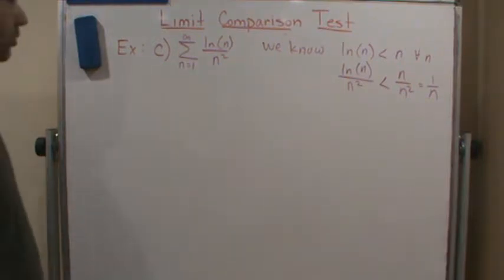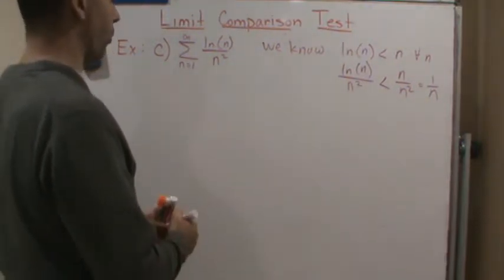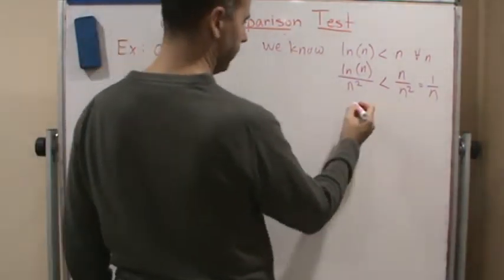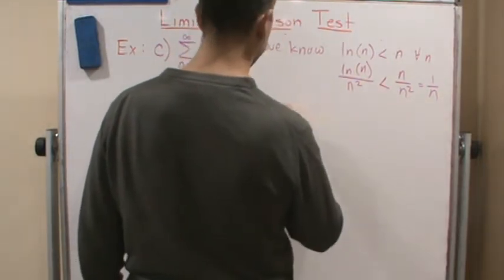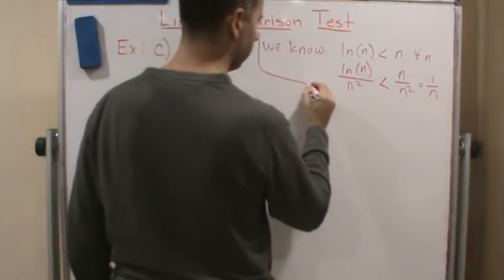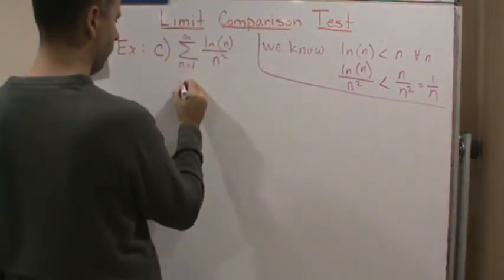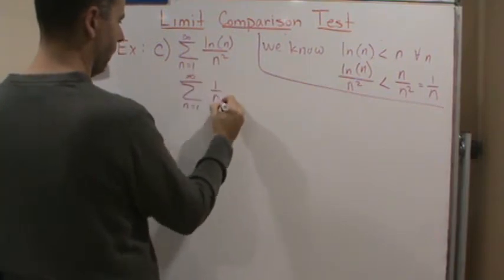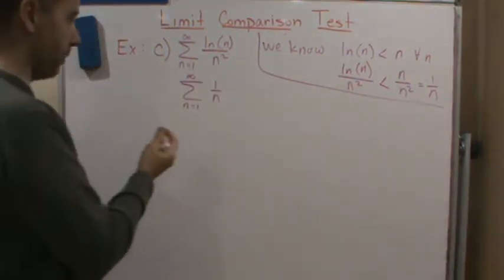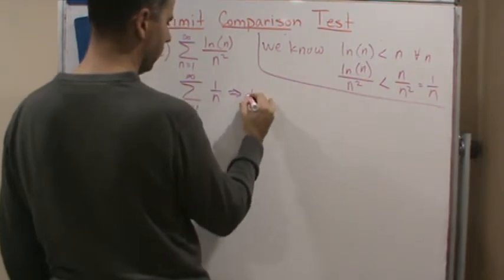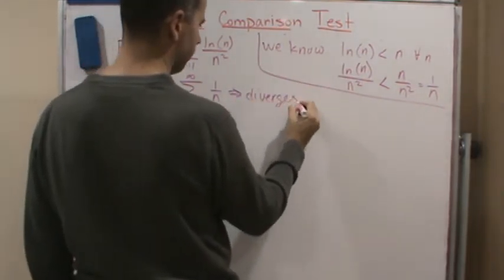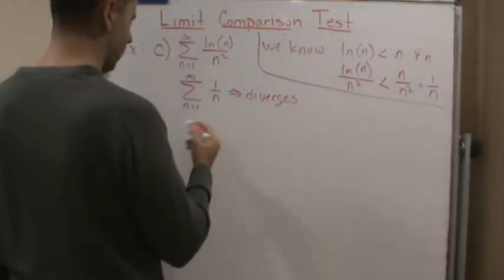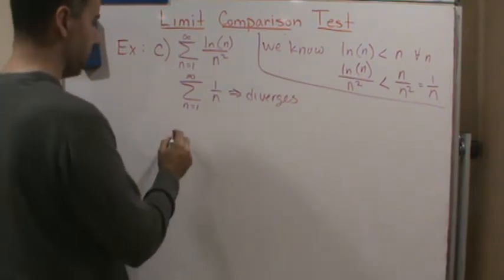Okay, so now we're going to compare this to 1 over n. So we're going to compare it to the harmonic series. Now the harmonic series, we know, diverges. Okay? So let's see what we get when we do the limit comparison test.